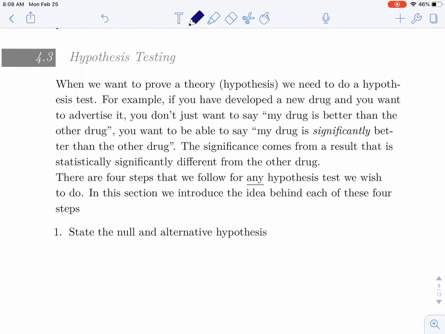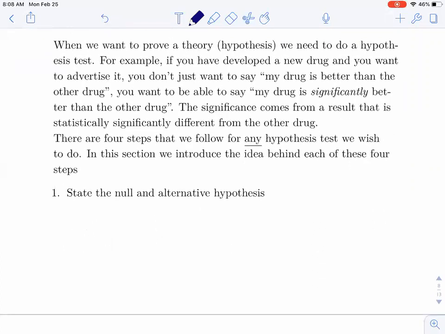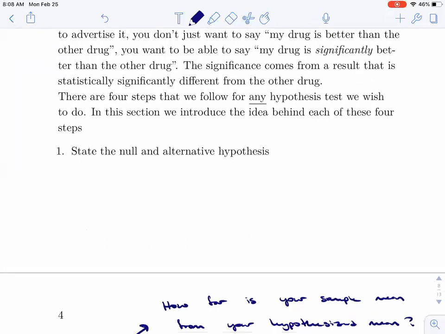So what we said, I don't expect you to remember it all. I'm kind of starting fresh here. There are 4 steps that we're going to follow for hypothesis testing.